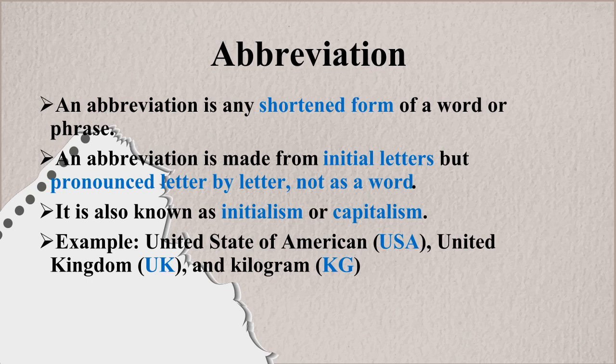For example, United States of America is the complete name of a country, and to make it short, we use the first initial of each word in capital form to shorten the name of the country. And we say USA, which is an abbreviation because the three initials are pronounced by letters, not as a word. United Kingdom is another example of the same case, and UK is the abbreviation. So is kilogram, and kg is the abbreviation of it.